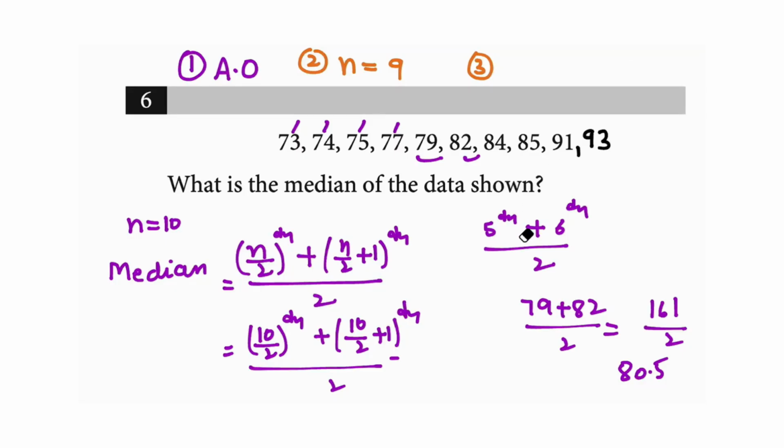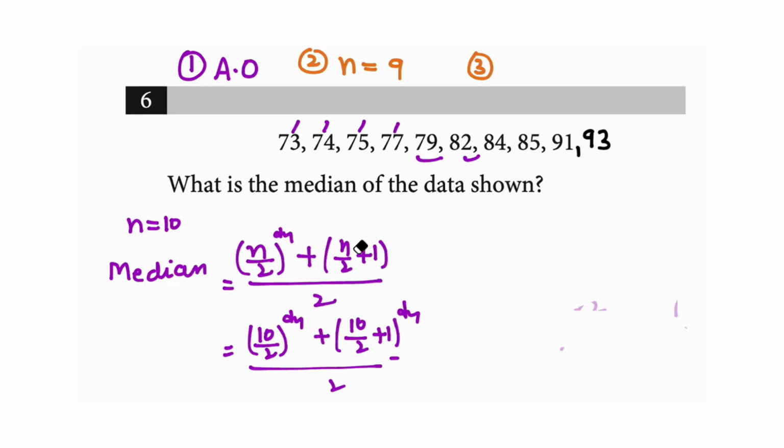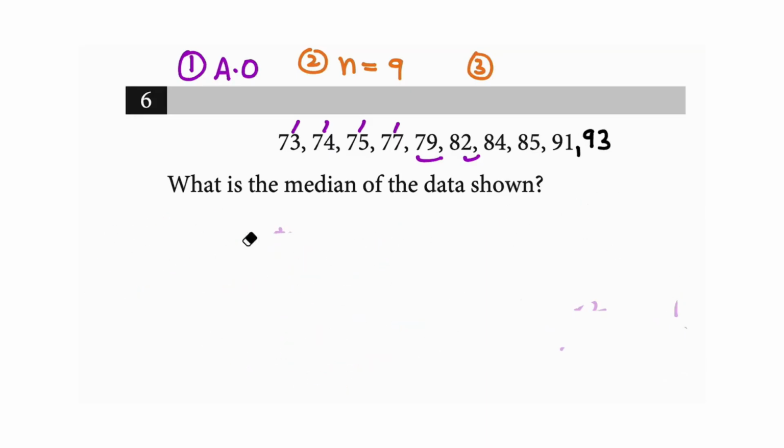Now at the end, let's write both the formulas for when the number of observations is even and odd. Now I'm only writing the formula. There is a very important point where most of the children get confused, so I'm writing it.